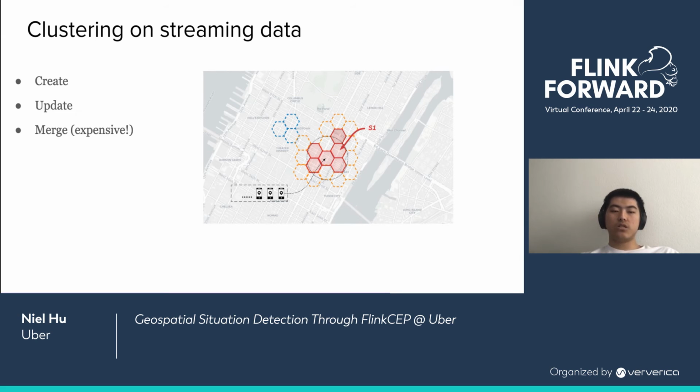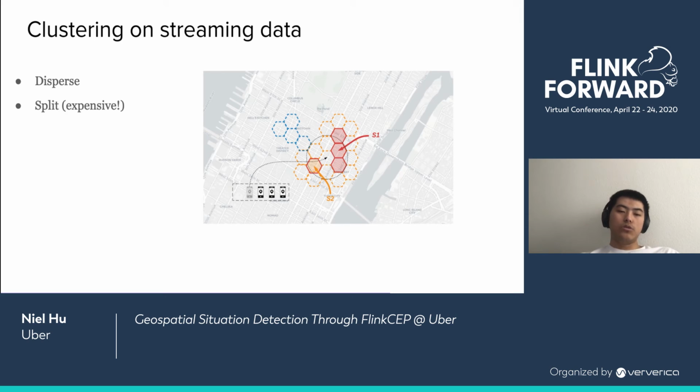If it does, we update the hexagons and notify all the nearby neighbors. We also probe the neighbors to see if they already have clusters that exist. If there are, we have to do a merge operation: merge the new cluster with the old cluster into one. This could be expensive because potentially it has to go through all the existing hexagons. But in reality, it's pretty rare.